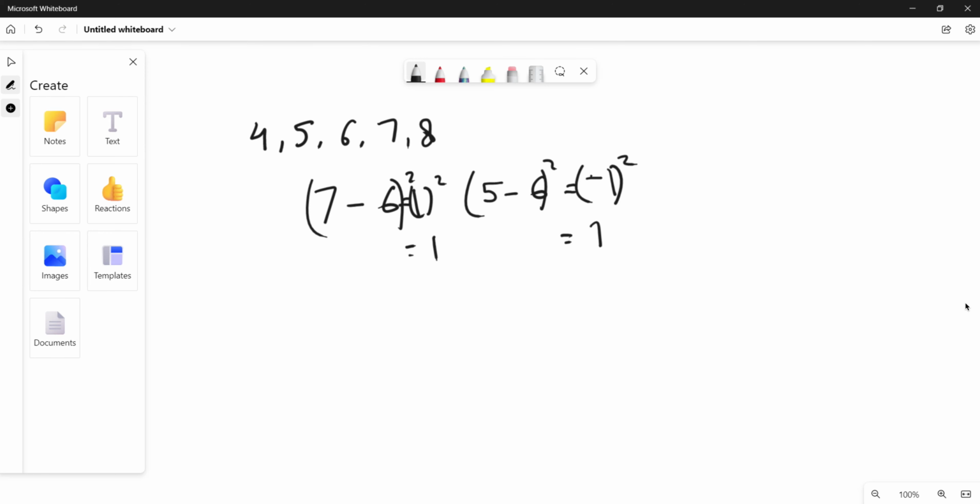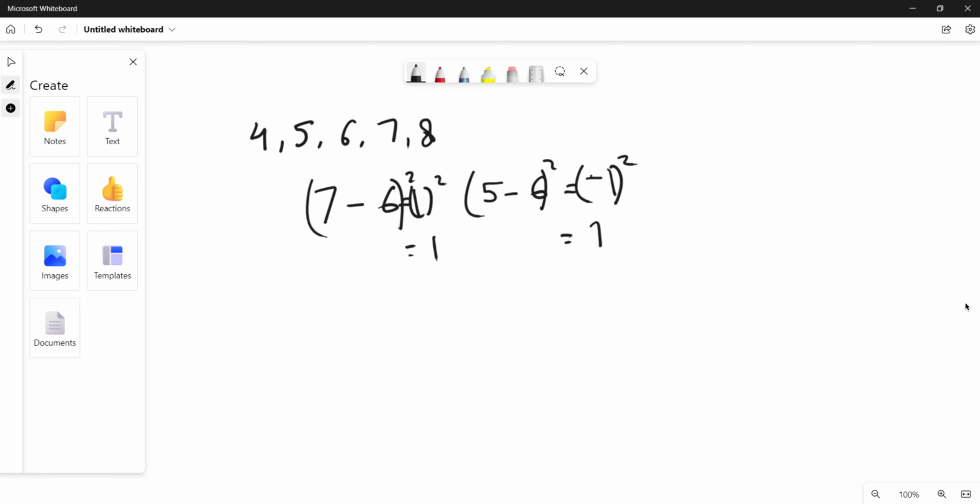Now, we want to figure out this metric of how different something is, but we don't want to do it for one specific individual. We want to do it across the board.